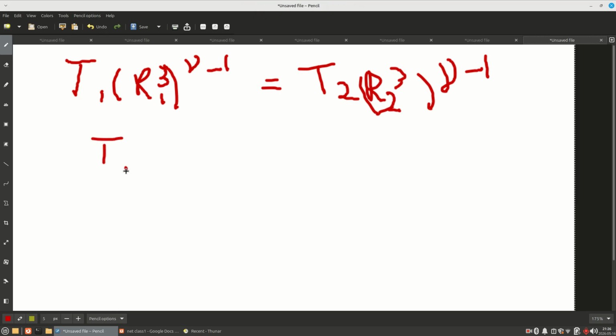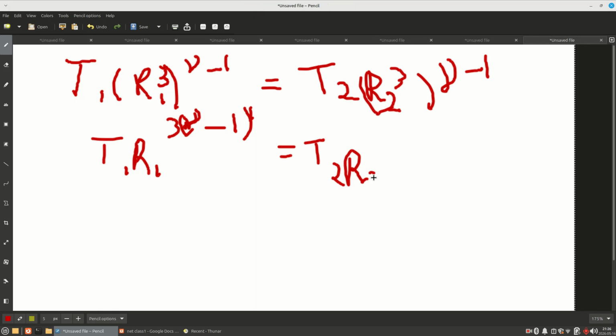Let me simplify it once again: T1 R1 to the power 3 gamma minus 1, into T2 R2 to the power 3 gamma minus 1. This is the step we are going to write.